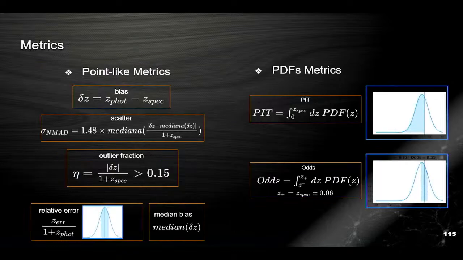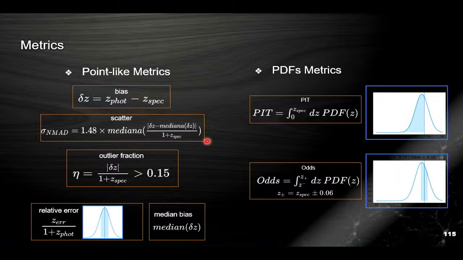So why do we want PDFs instead of just point-like sources? Well, you can define in a more specific way for each galaxy, in a more robust view. You can always do bootstrap.